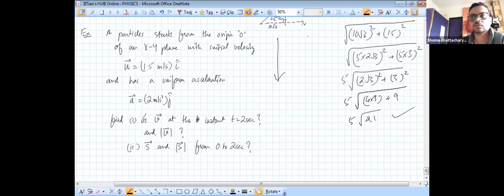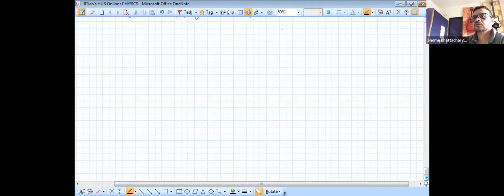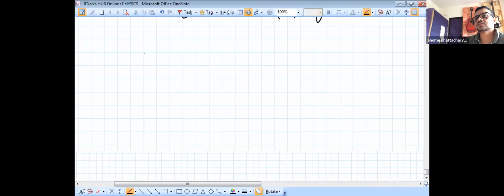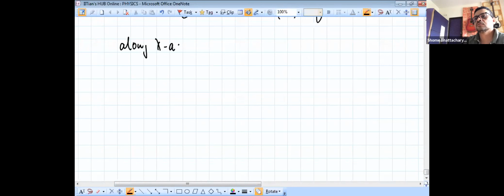Okay, Shashwat. We are going to discuss the solution. Okay. So see what is happening here. Along your x-axis, the initial component of velocity is 3 meters per second, but the acceleration's component is 0.